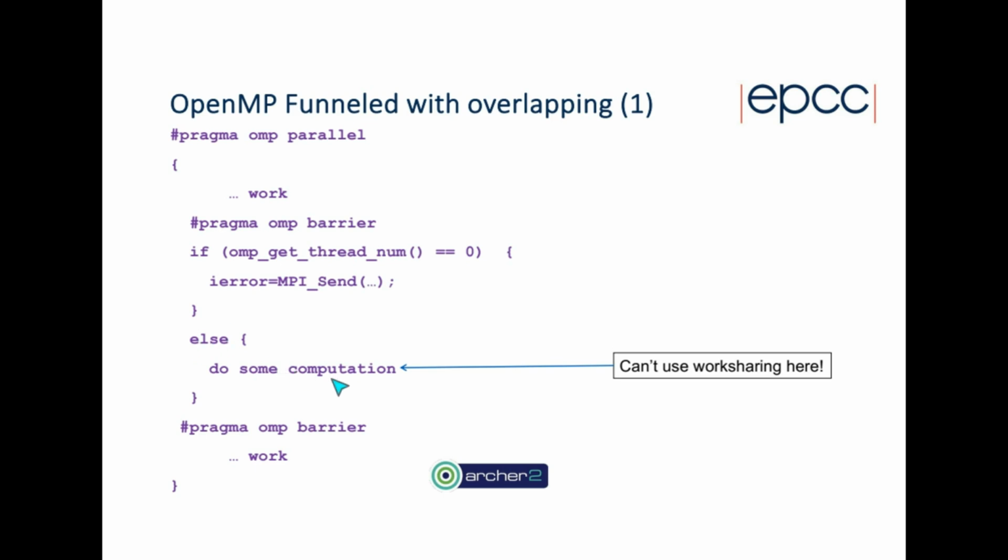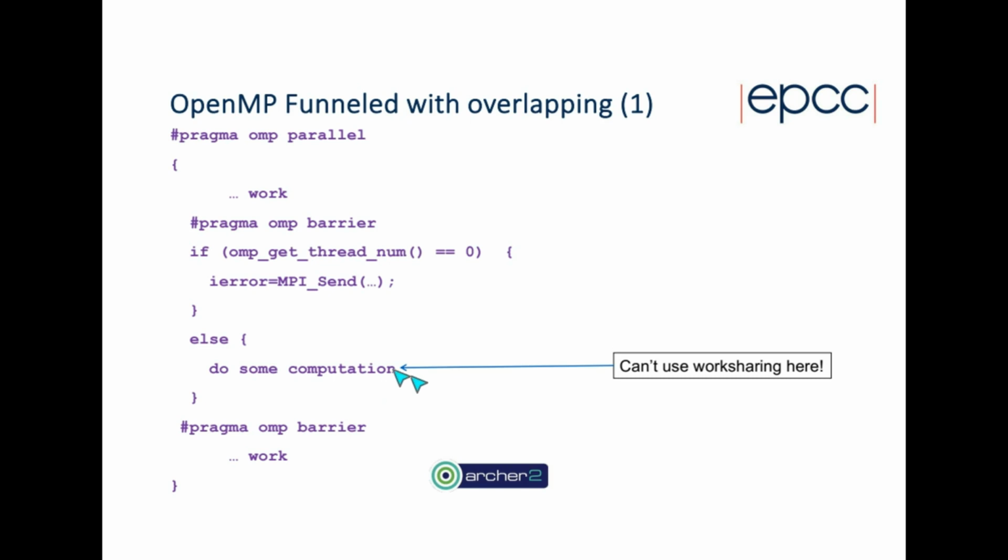That's okay, but the unfortunate thing is that in this else branch we can't use work sharing directives. You can't do parallel loops with OpenMP for or OpenMP do inside this else branch, because of the restriction that all the threads in the parallel region must encounter the work sharing directives. So that's pretty nasty.